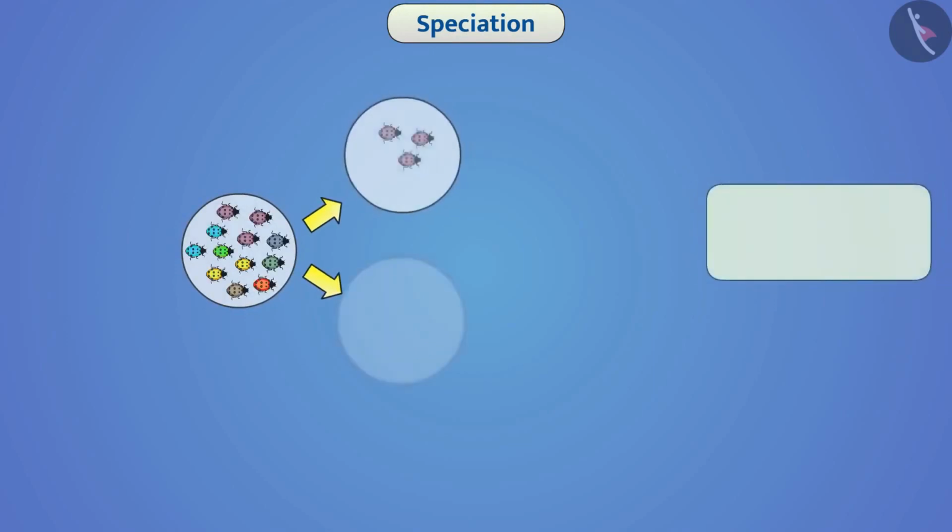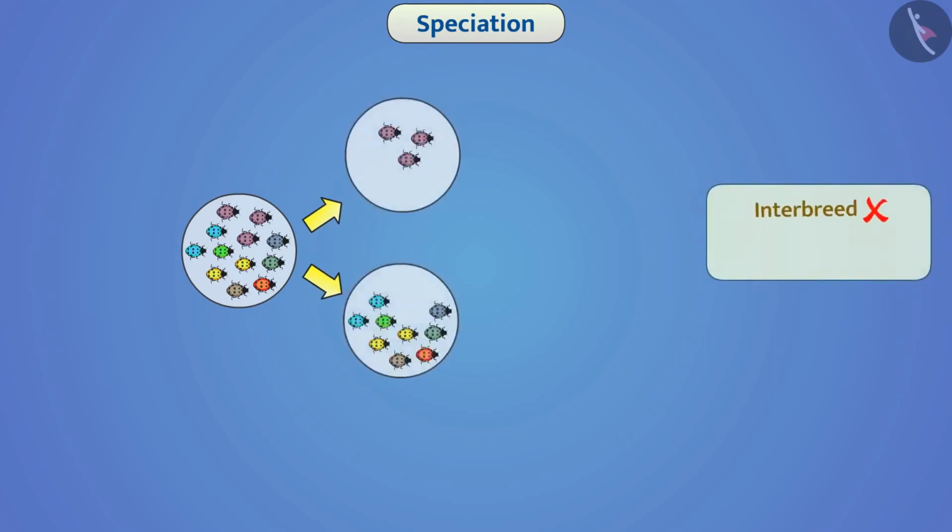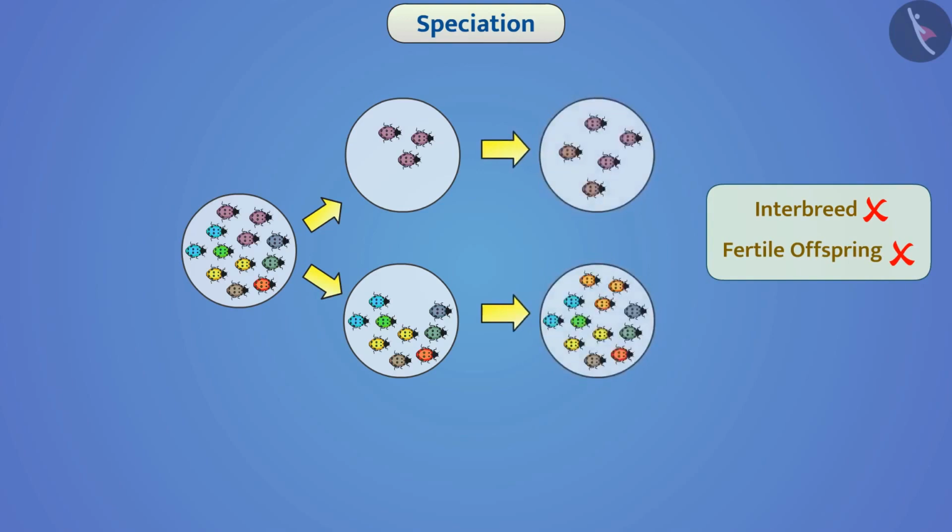Sometimes, due to various reasons, an existing species of organisms gets divided into two groups that cannot interbreed with each other and cannot produce fertile offspring. In such a situation, we say that a new species has developed from the existing species.